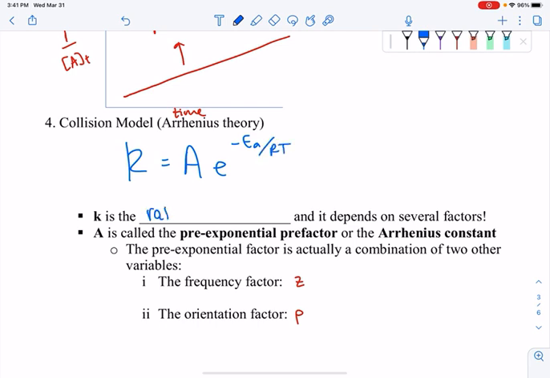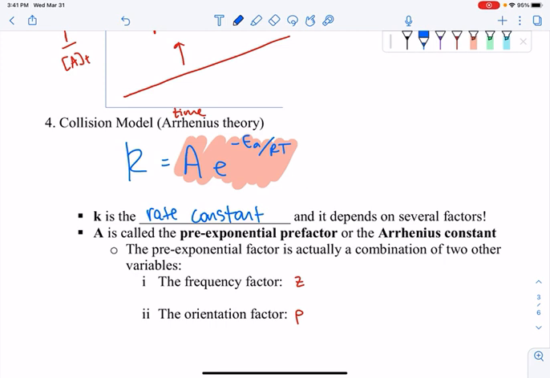K is the rate constant, just like we've seen in all the other rate laws and integrated rate laws. And it depends on a lot of factors, everything over here. A is generally called the pre-exponential factor, or just the Arrhenius constant. I like the Arrhenius constant.